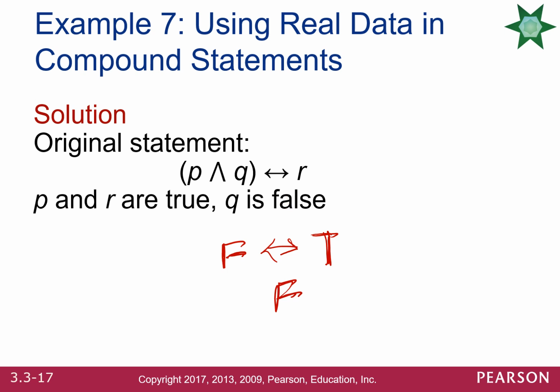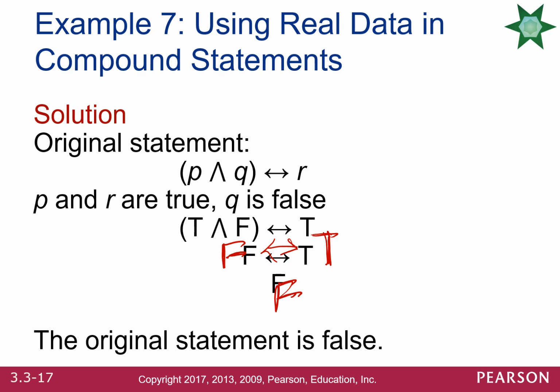So given that, T and F, and then we have the biconditional T. So T and F should evaluate to a false, and then biconditional with true should give us a false. So let's see what comes up. Yes, F biconditional T, which should give us an F. All right, so the original statement is evaluated to be a false statement.